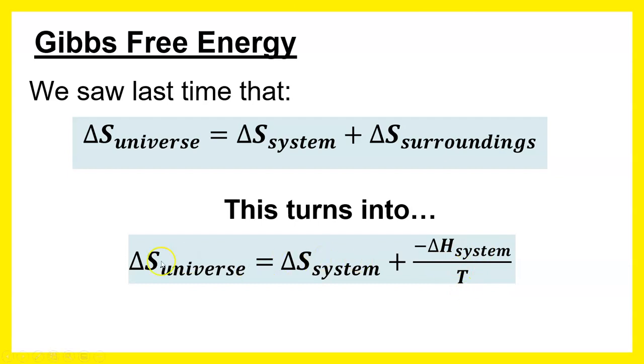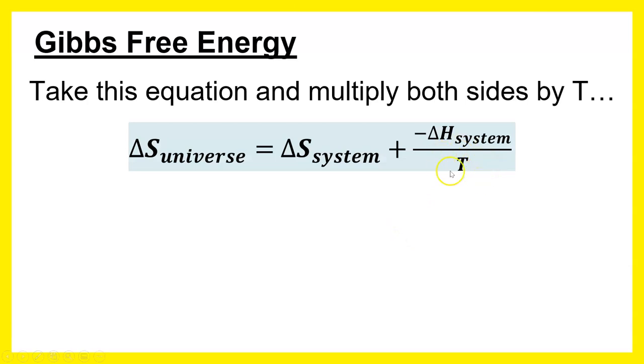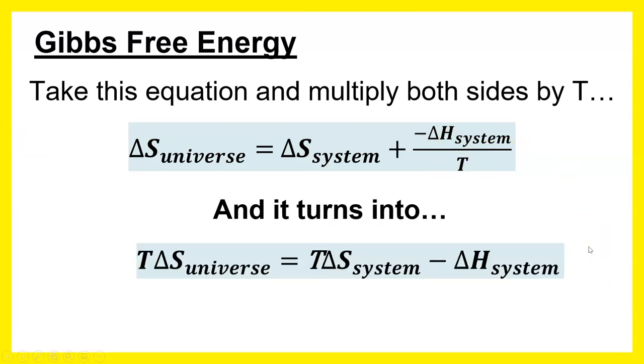Well, now I can take this equation that we saw last time, and I'm going to start playing around with it a bit. I'm going to multiply both sides by T. Let's say I don't like this in the denominator. Let's get rid of that. We're going to multiply everything by T. It's going to turn into this. That doesn't seem super helpful yet, but we're going somewhere, okay?